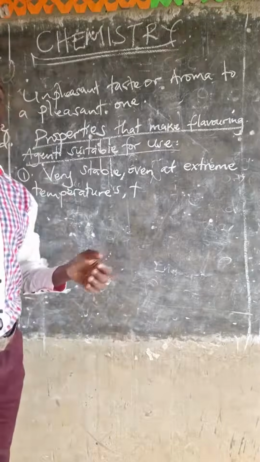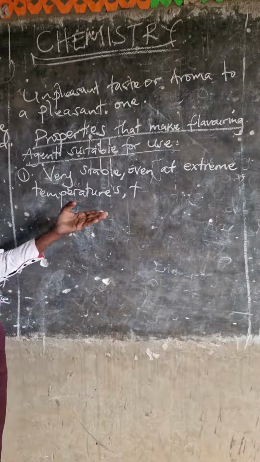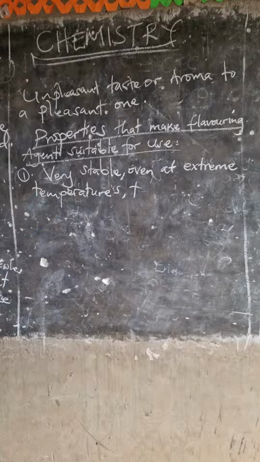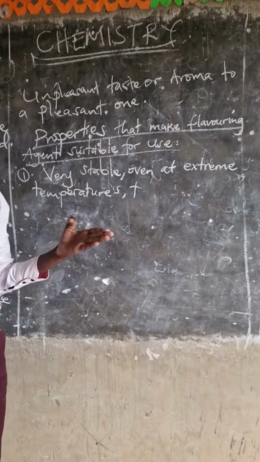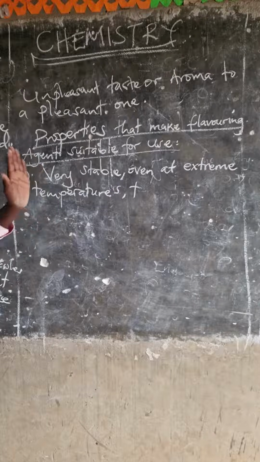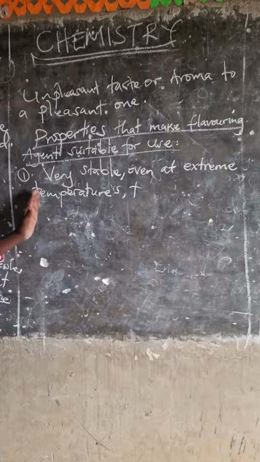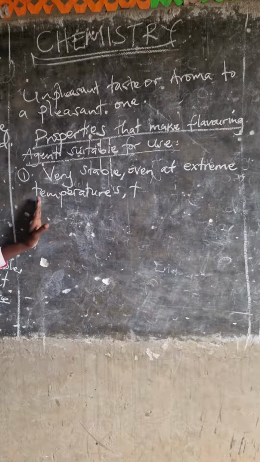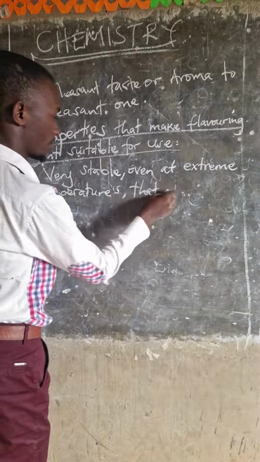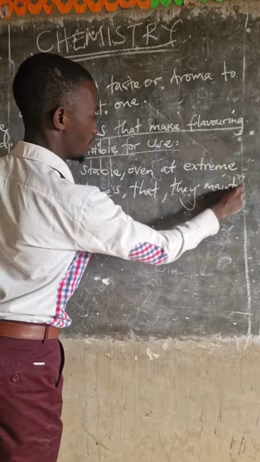They do not change their chemical composition, their chemical properties or physical properties, even at extreme temperatures. If any flavoring agent had a certain taste, even if you heat it at any temperature, it will maintain that taste or aroma. So they are very stable even at extreme temperatures. So this is crucial.